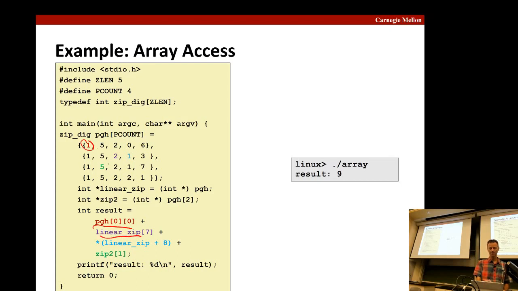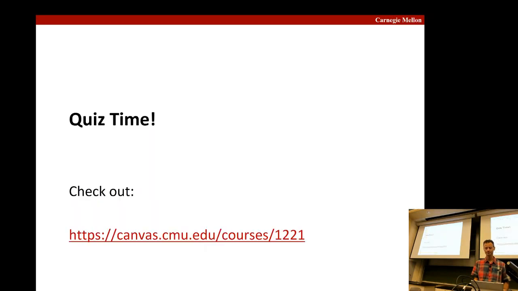The thing in purple gets you this digit, and so forth. Okay? So you can look at that on your own and test your understanding of how these things play together. And again, it's a mess, right? C can be very much a challenge to understand how these things work. We want you to work on your understanding so you don't get tripped up.